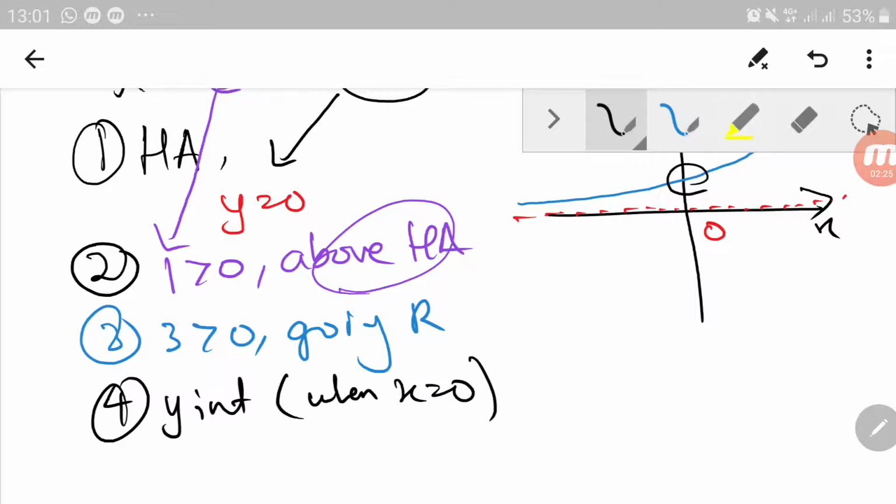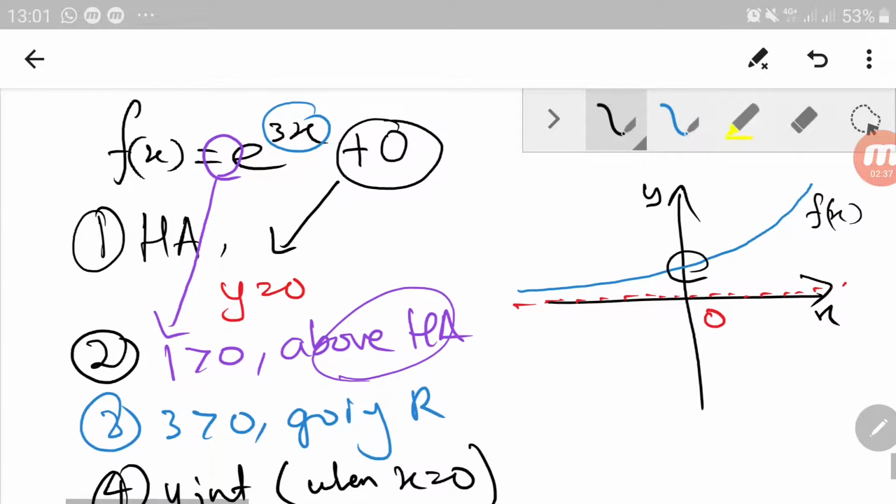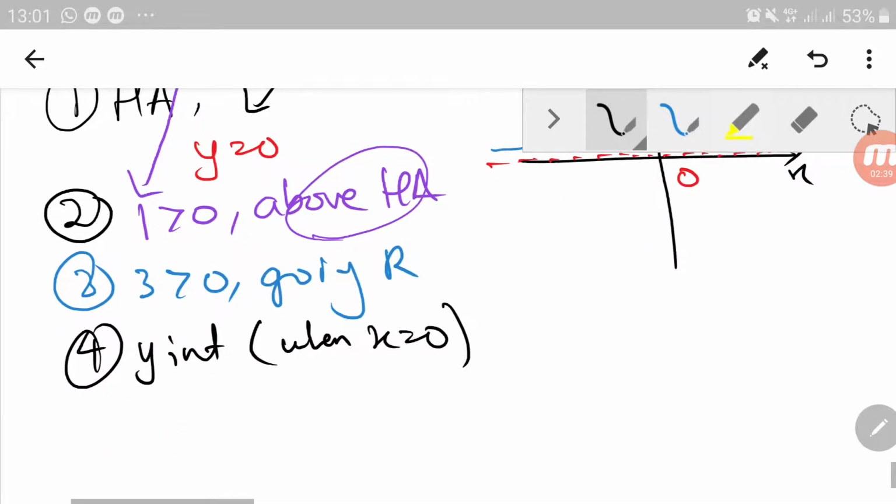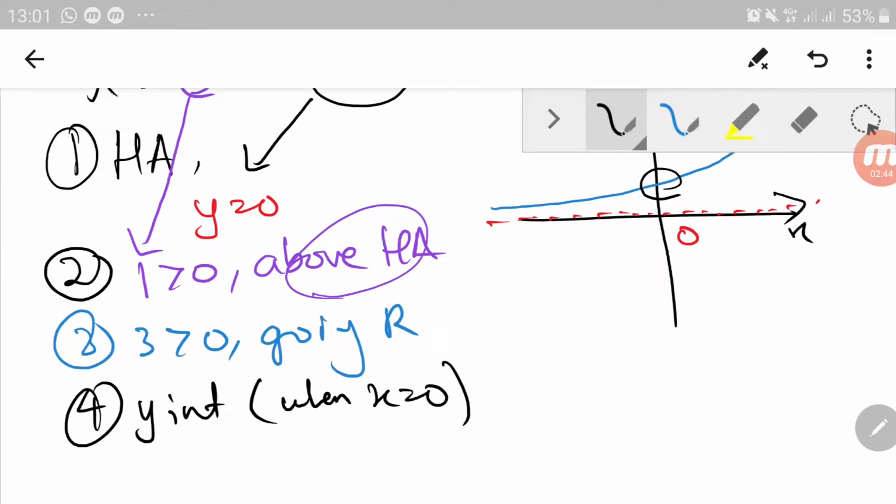Now, if you watch my logarithm video on how to find the domain and range for logarithm, I said that it is advisable for you to find the x-intercept for logarithm. But for exponential, it is advisable for you to find the y-intercept because an exponential function always has a y-intercept. But sometimes it has an x-intercept, sometimes it doesn't.